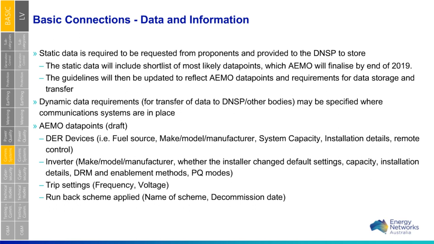There are some dynamic data requirements that may be specified where communication systems are in place, and we might see those be utilised a little bit more once the OEN is finalised and drive the requirements for dynamic management.